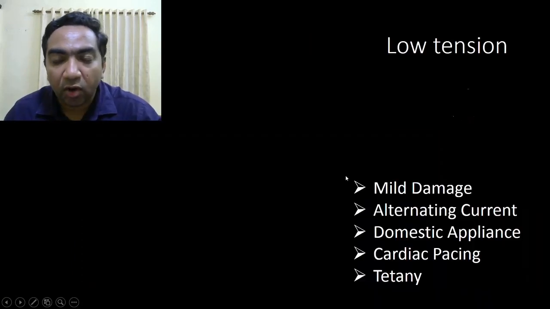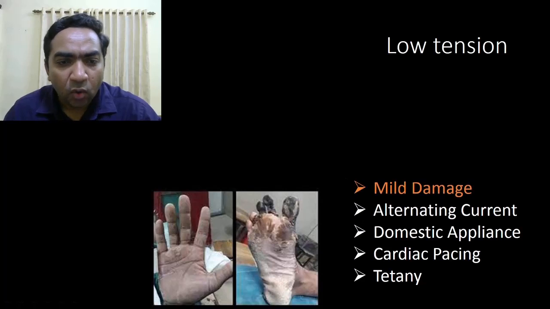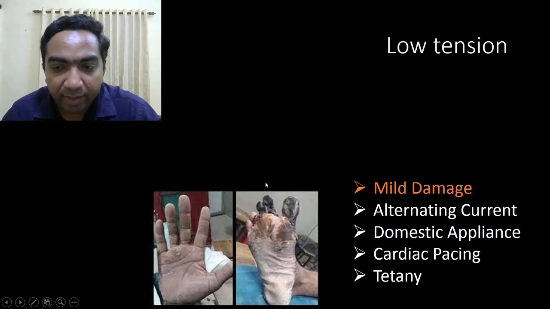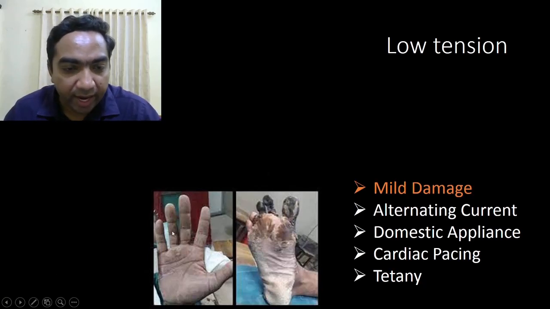Now coming to the low tension injury. Low tension injuries and domestic injuries will generally cause a mild damage. There will be an entry wound somewhere in the hand and an exit wound. How do the entry wound and exit wound happen? Suppose the patient is in contact with a domestic appliance.